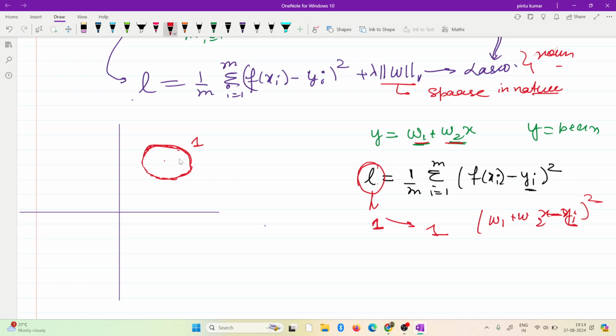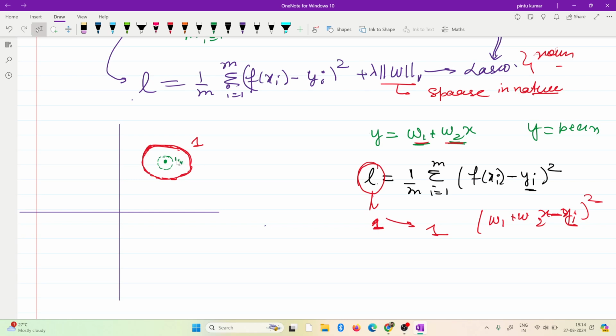If you fix your loss to be 1, you will obtain circles. Now let's say this is the point where you get your minimum loss, where the loss is 0. Starting from here, if you keep drawing circles, you will keep increasing the loss.